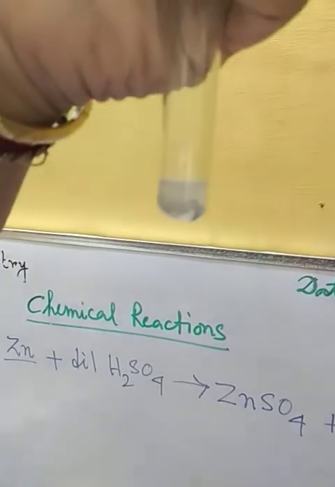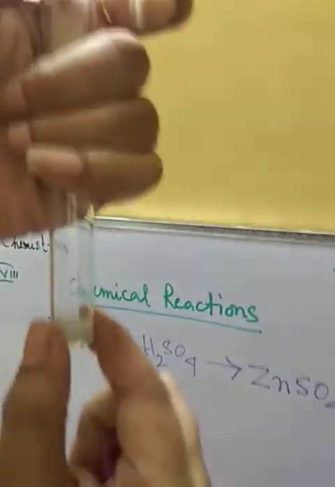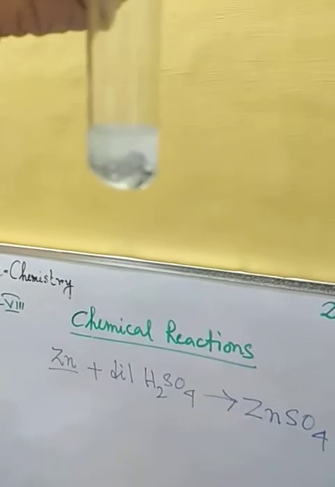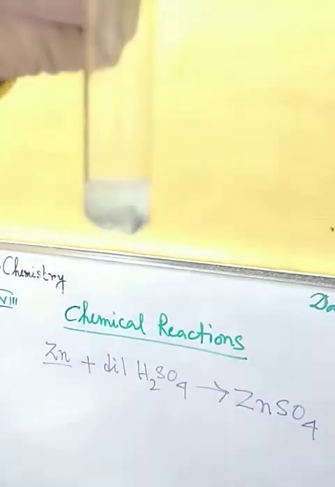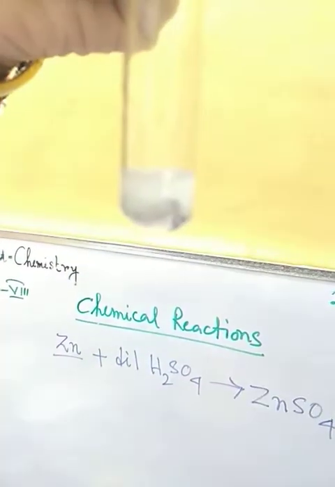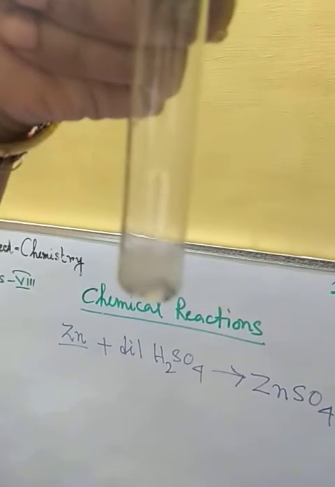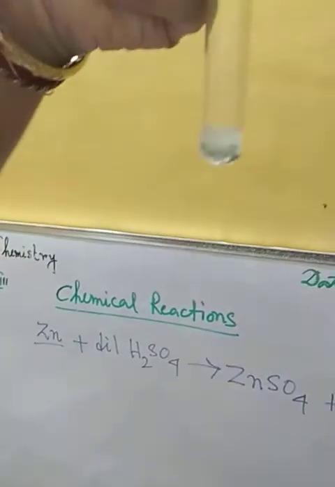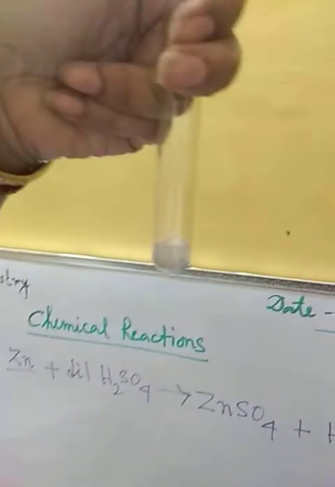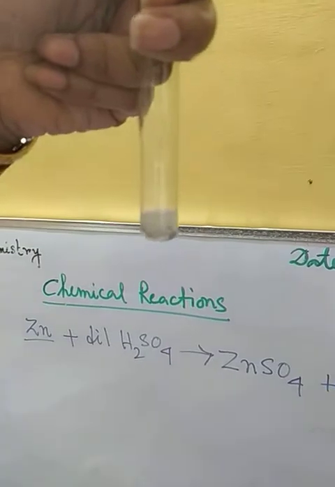Can you see the bubbles around the zinc? Some bubbles are there around the zinc. That means the reaction has already started and hydrogen is being produced.